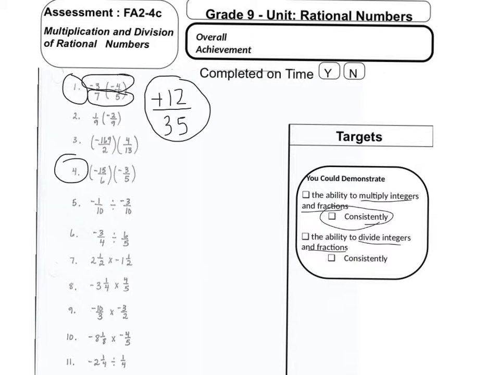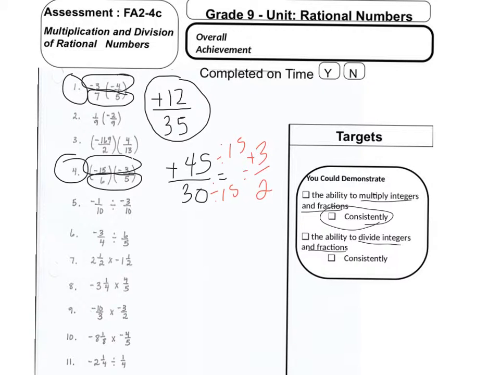Okay, let's look at number 4. Again, multiply the top numbers. A negative times a negative is a positive 45. We multiply the denominators, we get 30. And then I look here and I think I can divide both of these numbers by 15 to get 3 over 2.